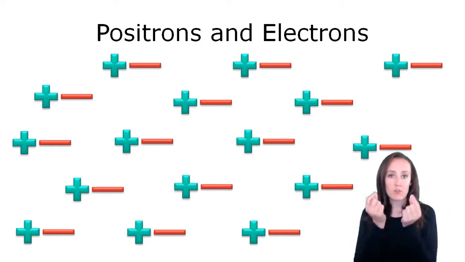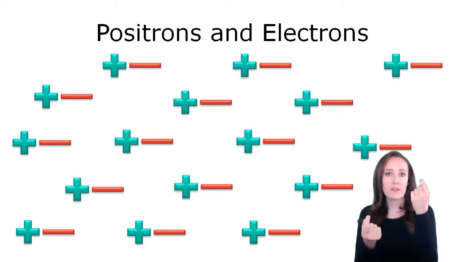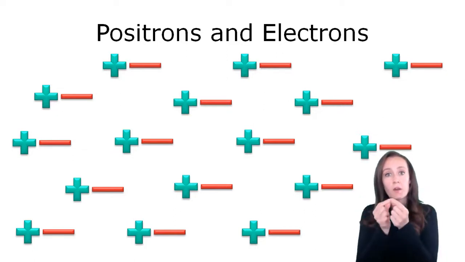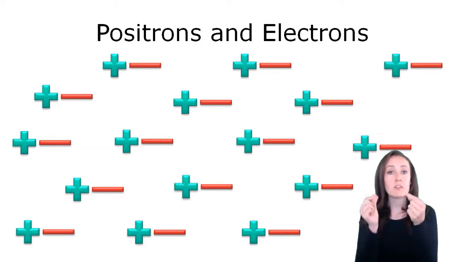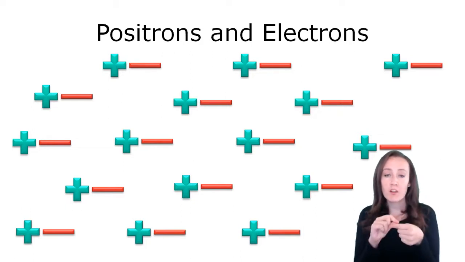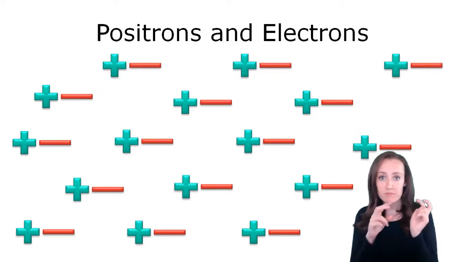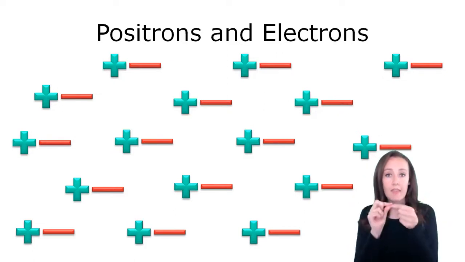But if we use just the two basic particles of an electron and a positron, the cool thing is that when these two particles come together, they actually vanish. So positrons are kind of like a dark matter particle, and they cancel out electrons and they make them vanish.